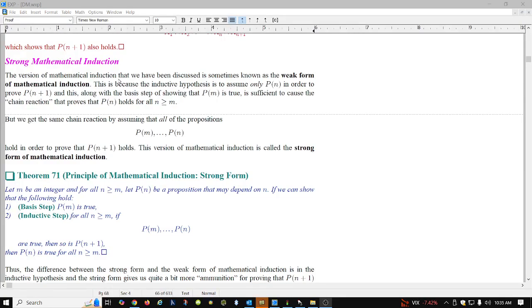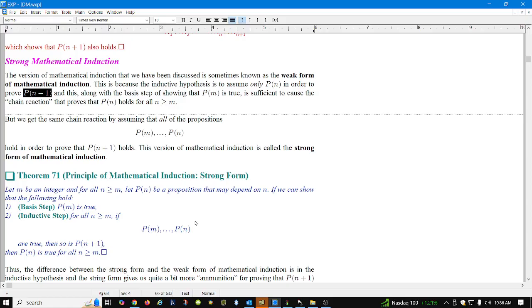The version of mathematical induction that we've been discussing here is sometimes called the weak form of induction. And it's because the inductive hypothesis is to assume only P of n in order to prove P of n plus 1. That starts the chain reaction I've been talking about.